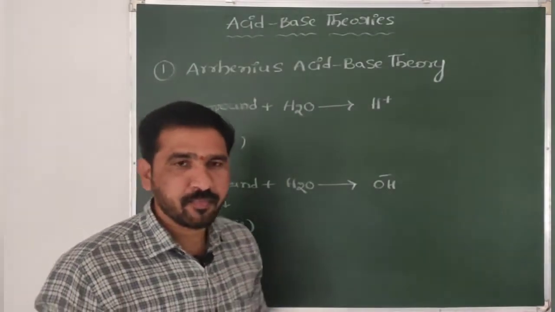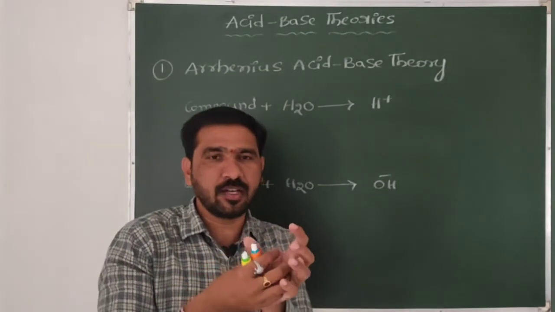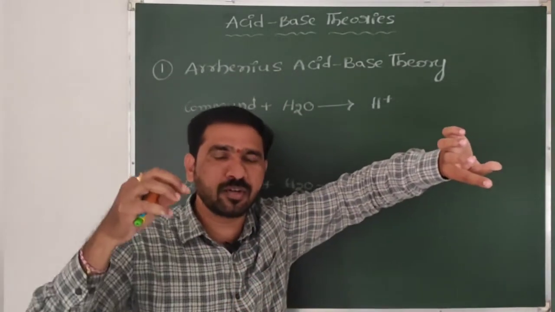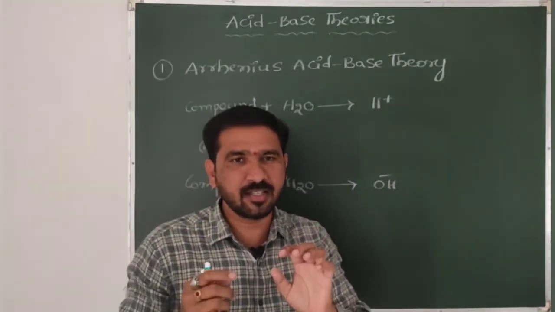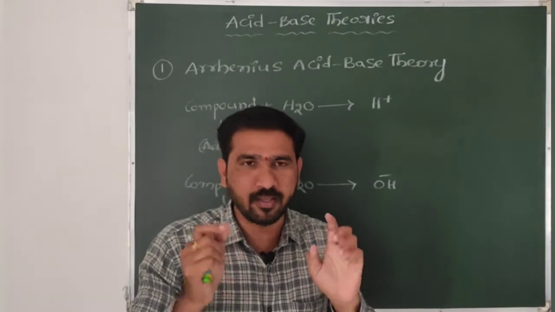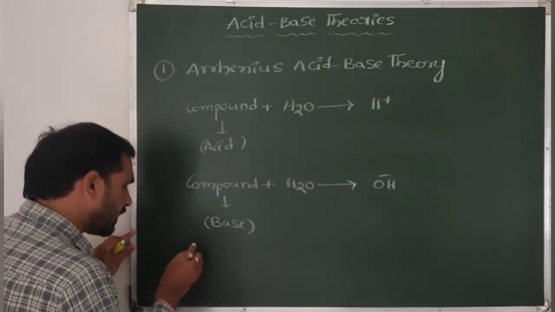Is it clear? A substance that after dissolution in aqueous medium produces H plus ion is called an acid, and one producing OH minus in aqueous medium is called a base. Is it clear?